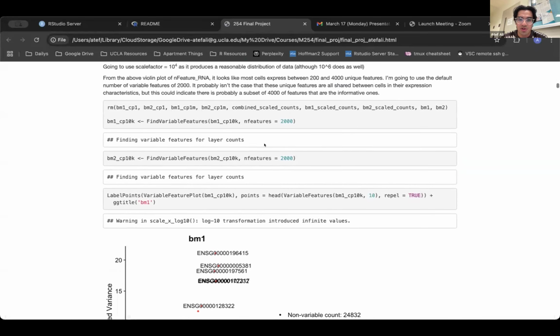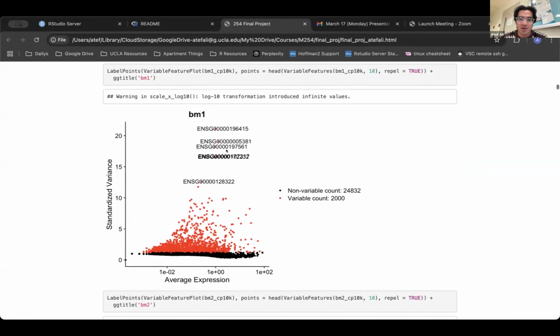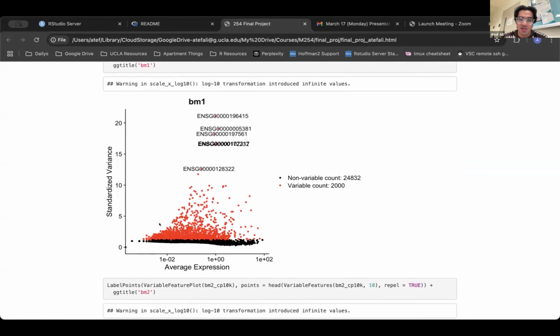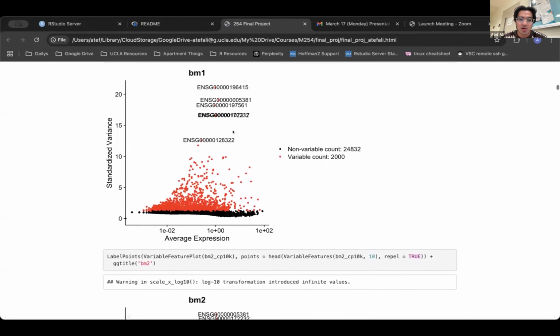Then I tried a couple of different settings for an iterative process for choosing the variable features. I started off by examining the top 2,000 most variable. From this, I saw that most of the features have below about 2.5 standardized variance. So ideally, I'd want to proceed with just the most variable ones to reduce noise and preserve variability in our data set.